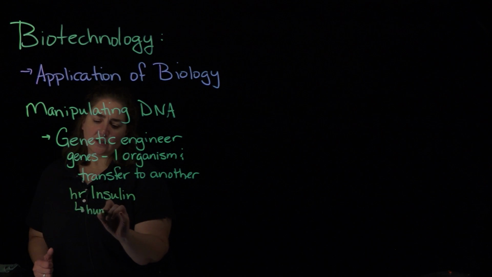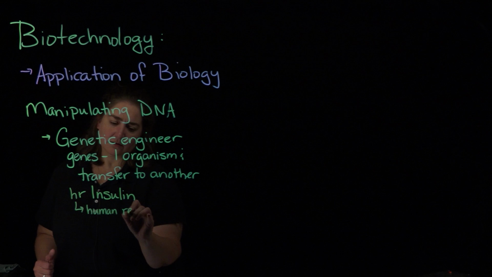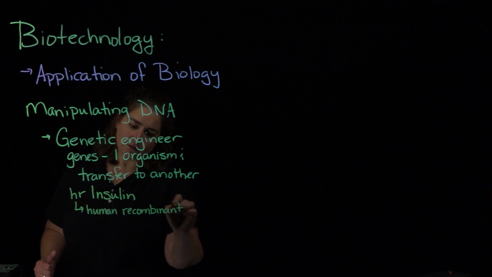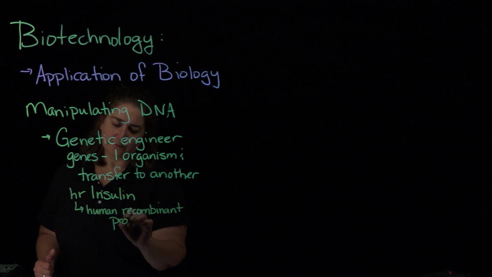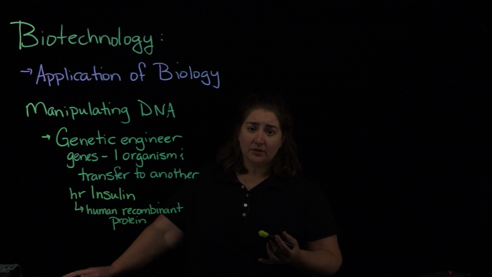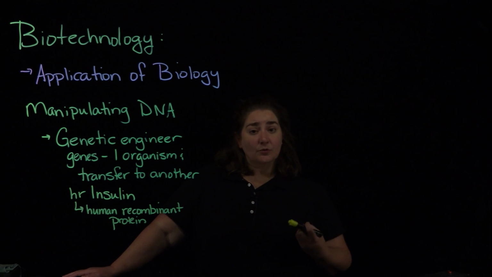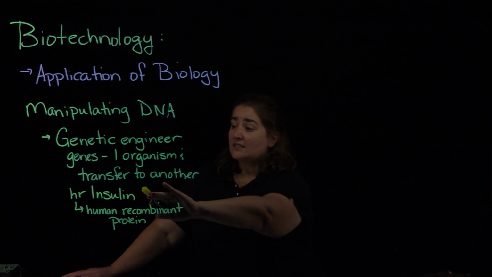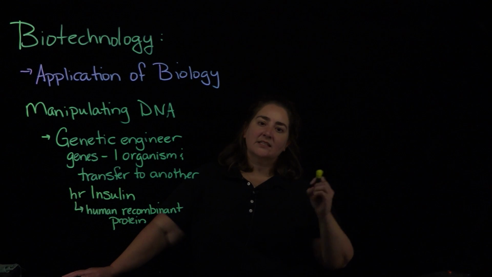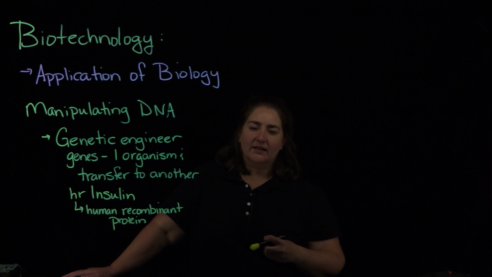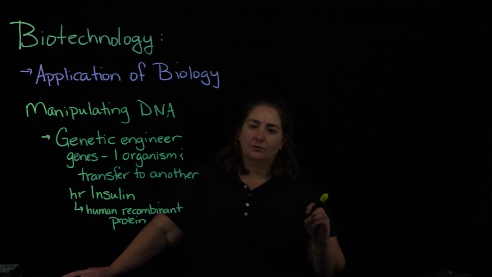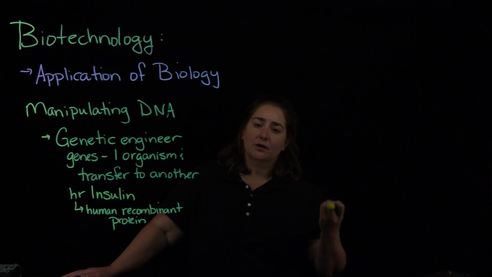It's going to be the human recombinant protein, meaning that particular protein was made in a bacterial cell, and then the protein, in this case insulin, was separated from the bacteria. And that's now what most people inject if they are insulin dependent. It's a recombinant protein, and that's what it means for something to be recombinant.